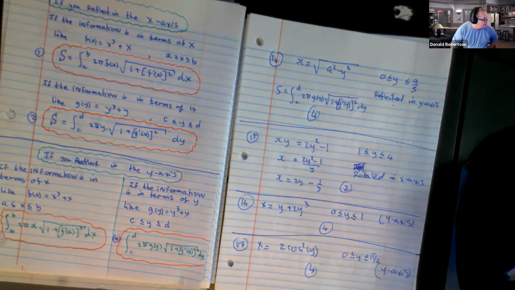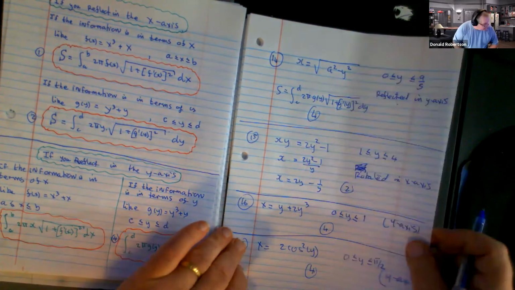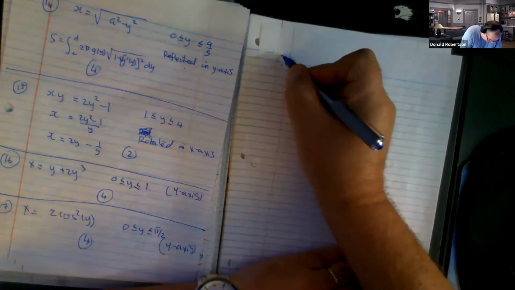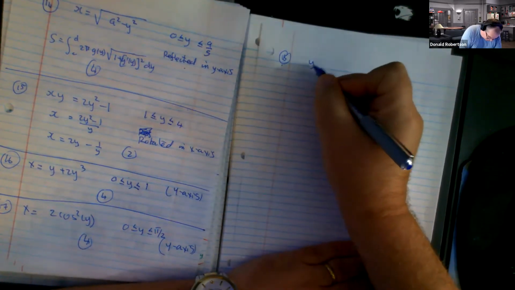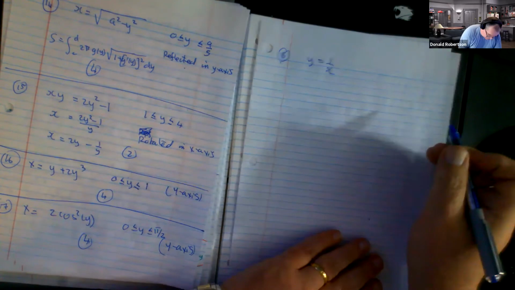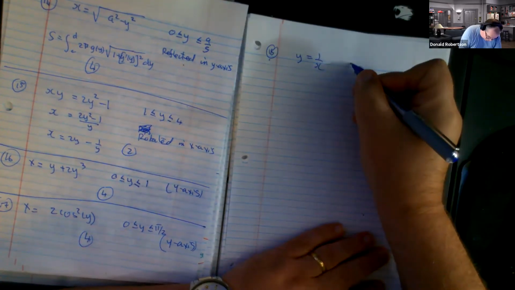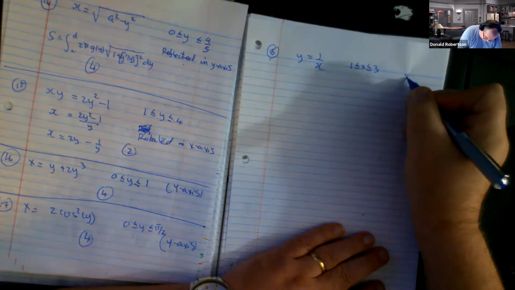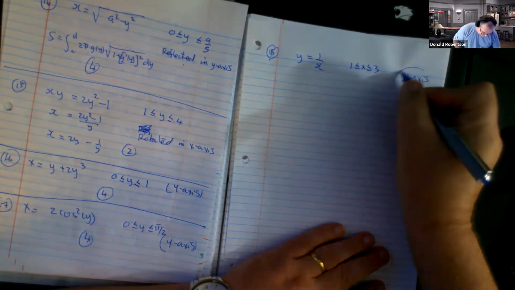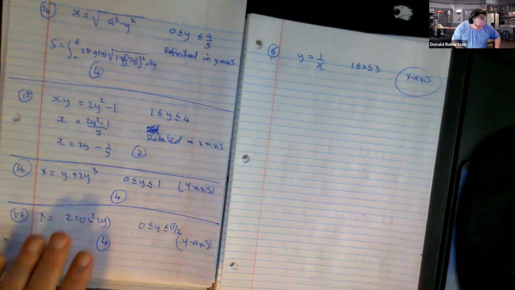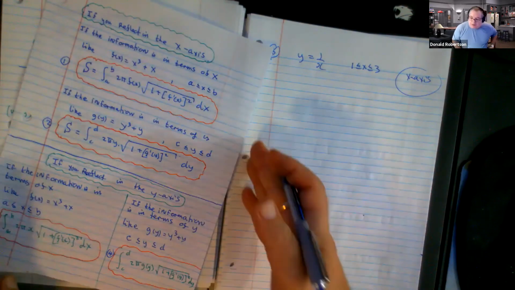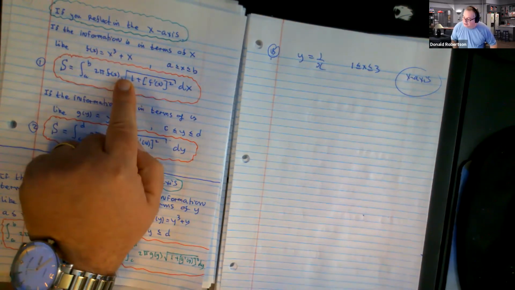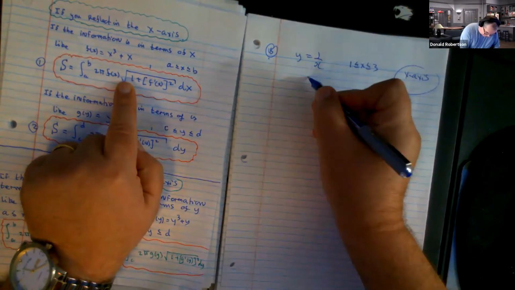Okay, any others left? Okay, how about 18? We have y equals 1 over x, and it's from 1 to 3. And we're going to do it about the x-axis. Okay. I see a 1. You agree? Number 1.